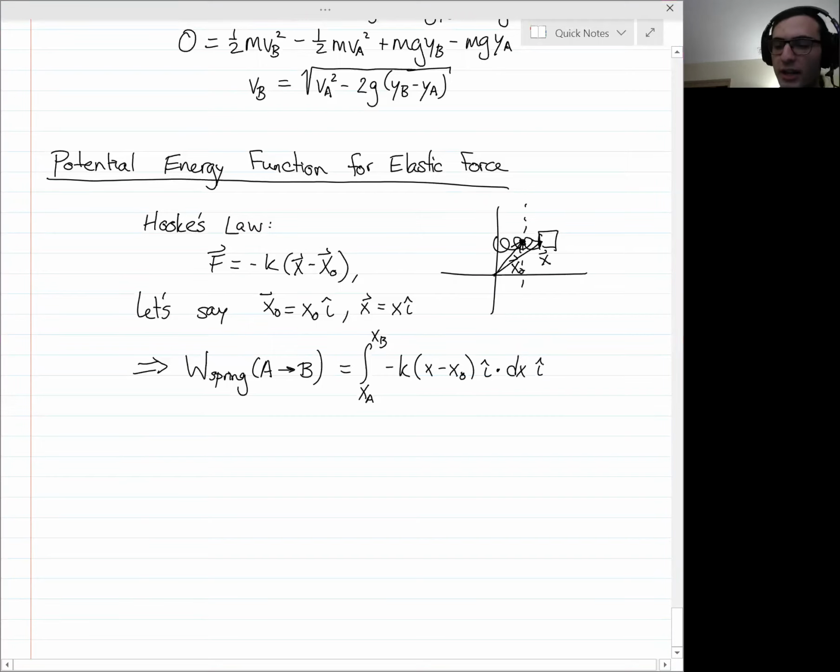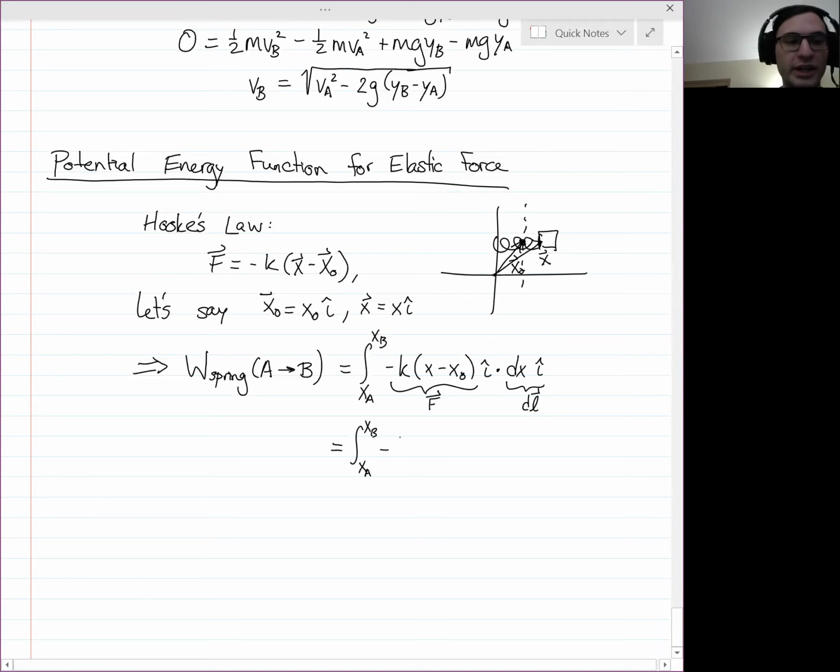So here is our dl, and here is our force. So we can simplify this integral. This is then the integral from xa to xb of negative k (x minus x naught) dx.